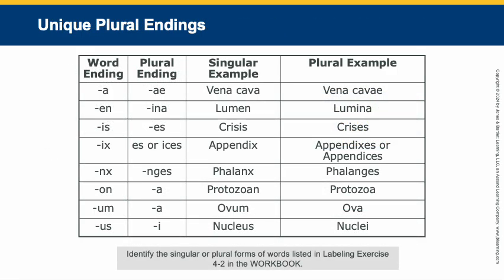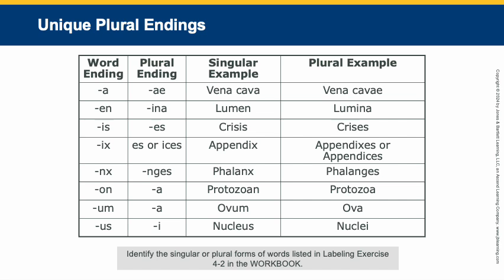Unique plural endings. The plural form means more than one. In some cases, instead of just adding an S or an ES like we want to think, we have unique plural endings, and they follow the rules of the Greek or the Latin form, whichever one they originated from.